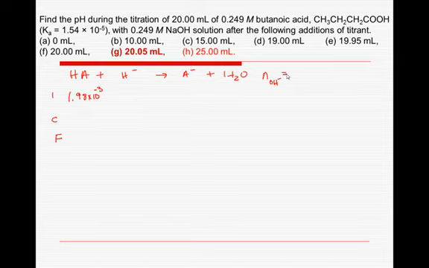Now we know it's the same as the moles of sodium hydroxide, so we'll take the molarity of sodium hydroxide times the volume in liters, 0.02005. So I've just barely gone past the equivalence point, but the value ends up being 5.1, and I'm going to go ahead and carry an extra sig fig here, 5.105 times 10 to the minus 3 moles.